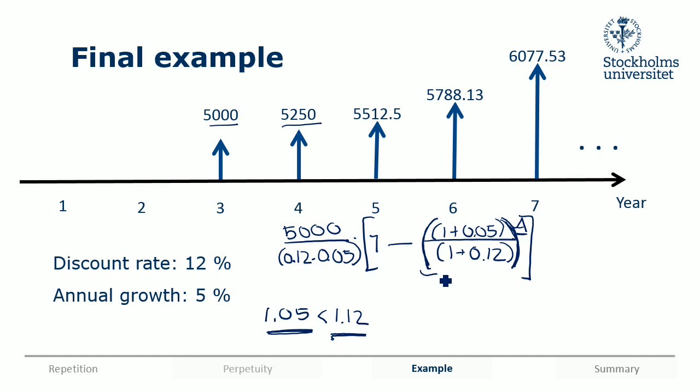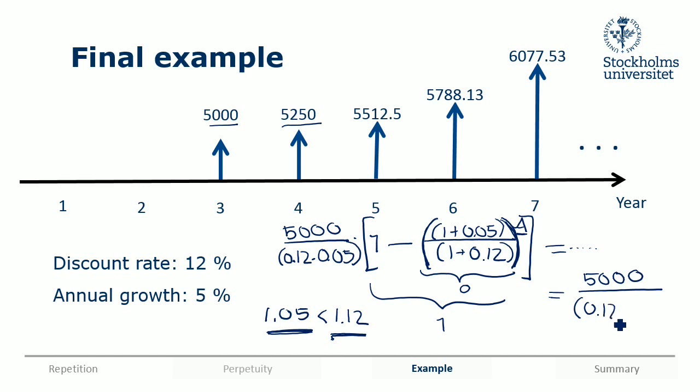And since this will be 0, this will be 1, and we are left with 5,000 divided by 0.12 minus 0.05.